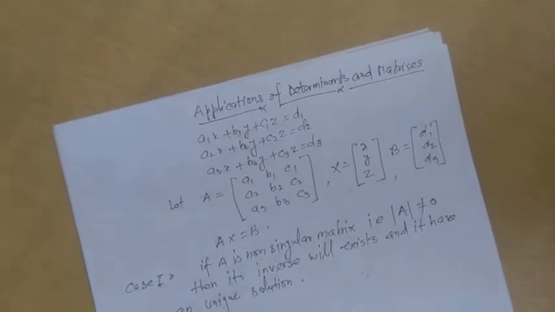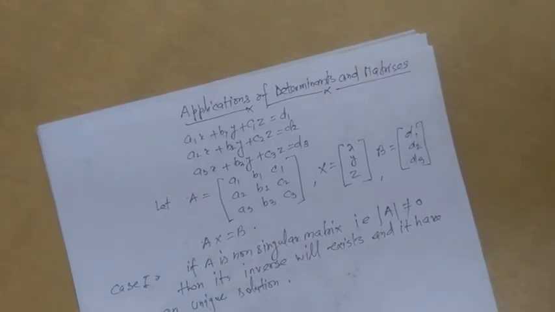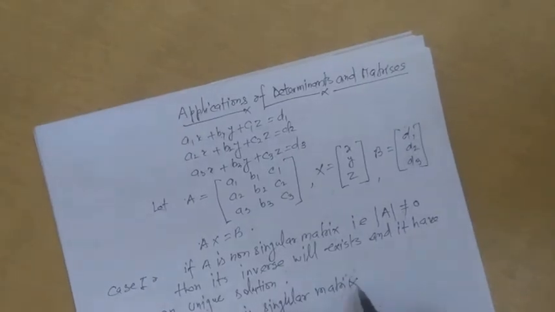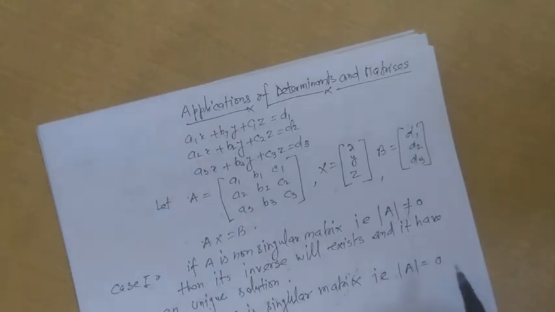Case number two. If A is a singular matrix, it implies determinant of A is equal to 0.